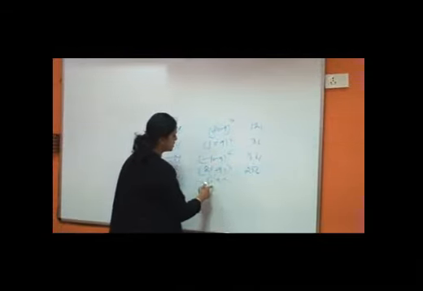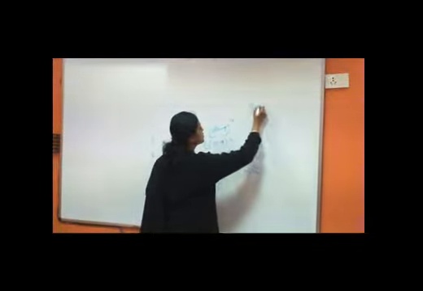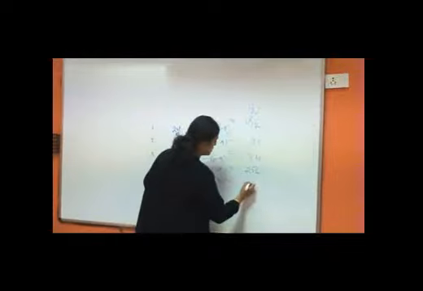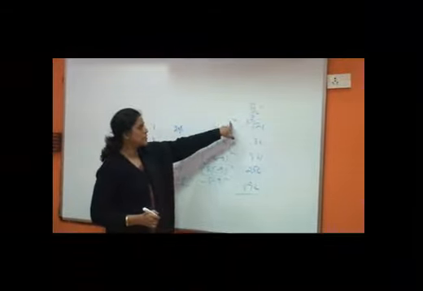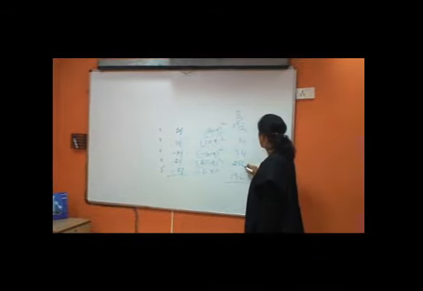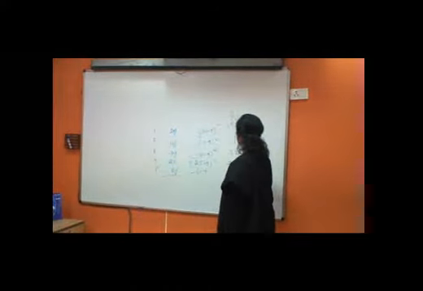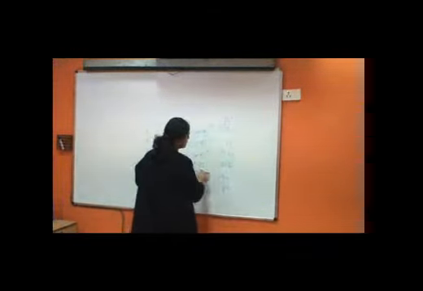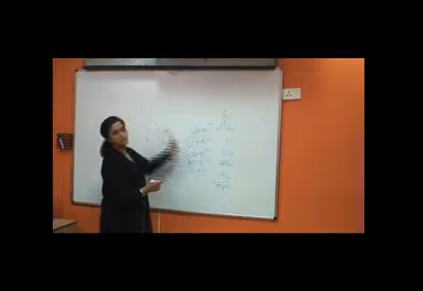Minus 5 minus 9 is minus 14, and that squared is 196. So I calculate the deviation, take the square of the deviation, and then total it, which comes to 970.